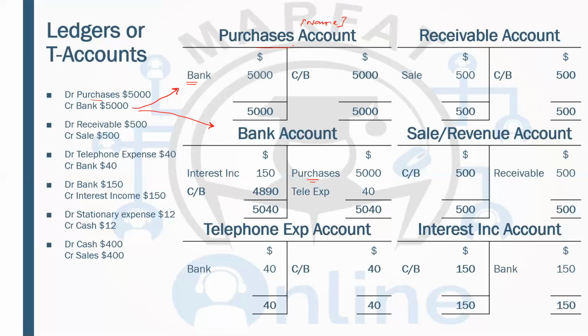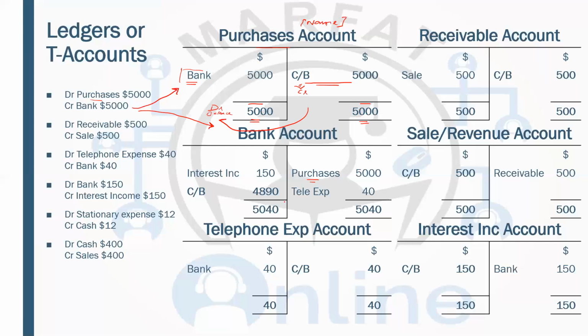Now in the purchases account, there is only one transaction, which is the bank. So this is the only thing. We put the bigger figure on both of the sides, and then the closing balance comes over here. Now remember, this closing balance is coming on the credit side, so this actually represents a debit balance.